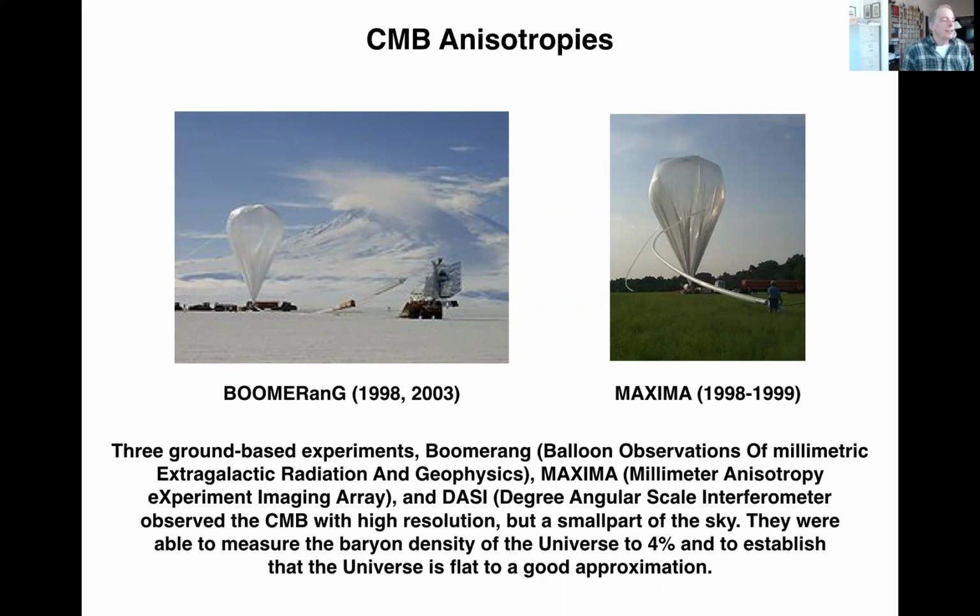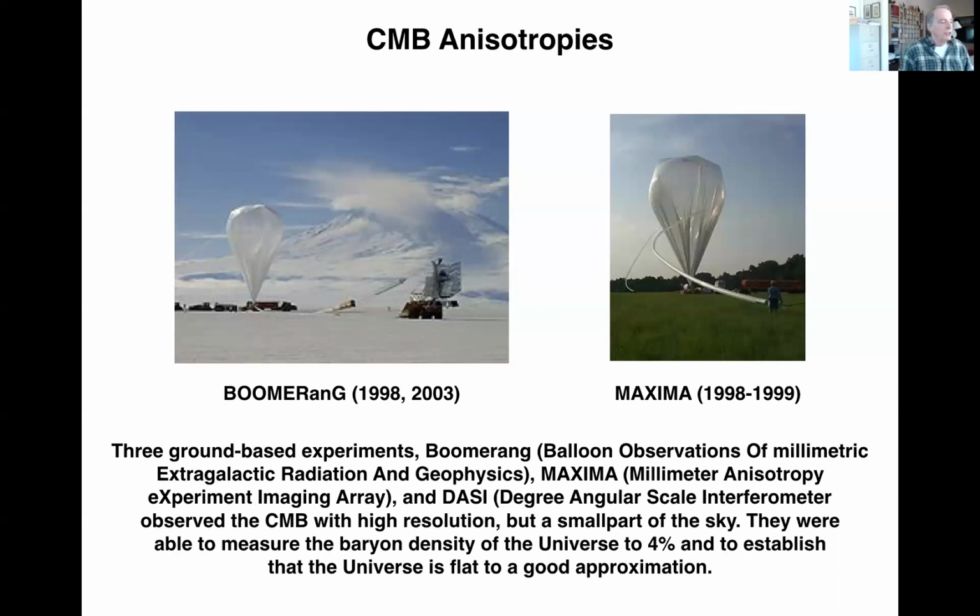These were attempts to observe the CMB with a high resolution, much higher than the COBE satellite was able to manage. But only for a small part of the sky. They couldn't do all sky surveys.